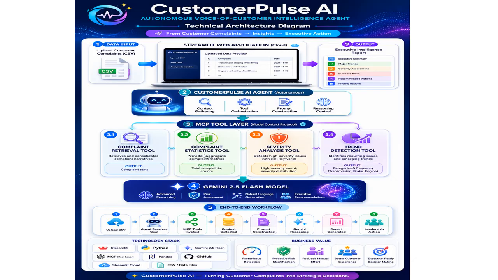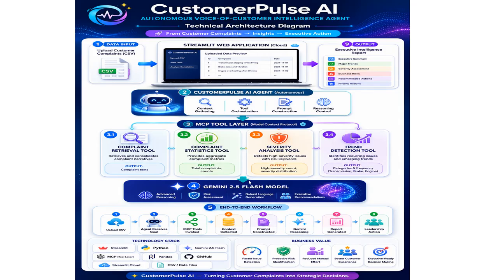Then it will make an orchestration, a combination of this MCP tool layer, that goes to Gemini to generate an executive summary and an executive report of the situation of the customers' complaints and what could be the points of improvement.